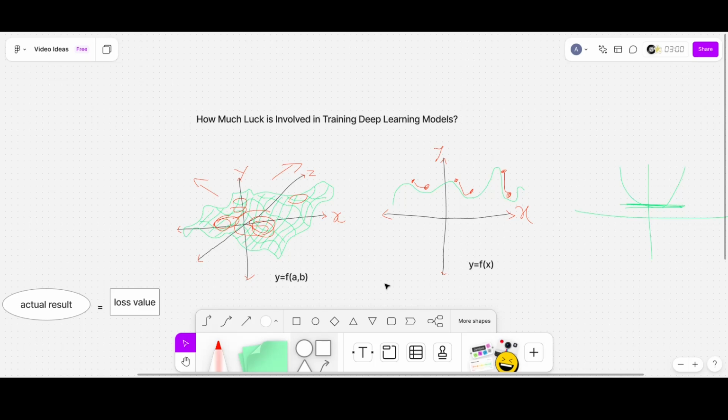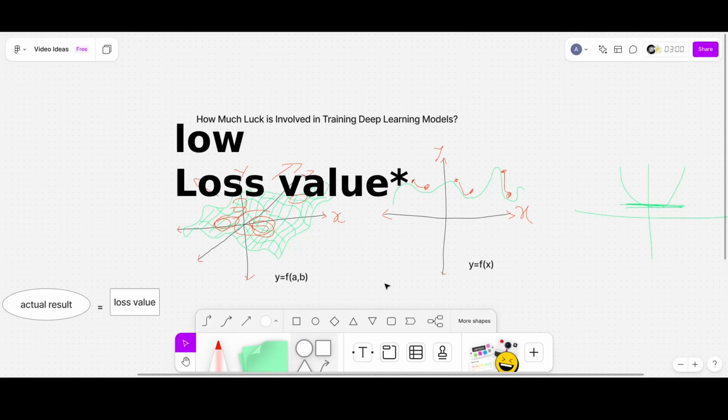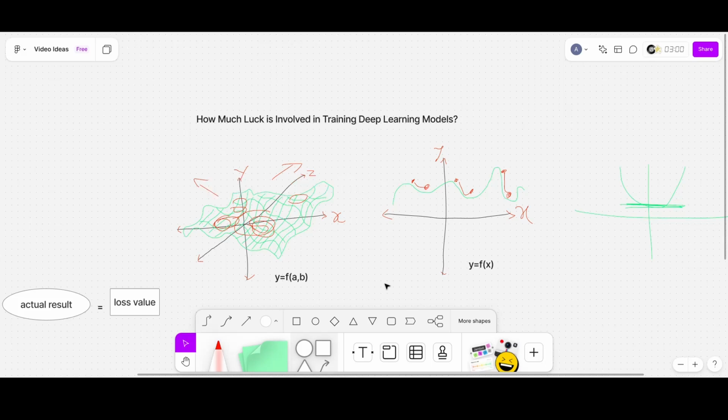Because we don't know for sure if that is the local minima or the global minima, and the thought that I will not be able to find the most optimal solution and my model will not be able to live up to its full potential breaks my heart in some ways, because it really stresses me out when I train a model and it has such low accuracy on the first turn, and then I retrain it and the loss value goes down.